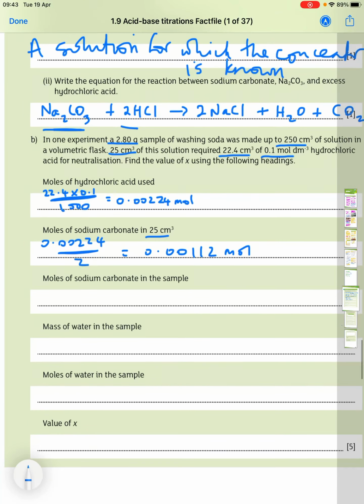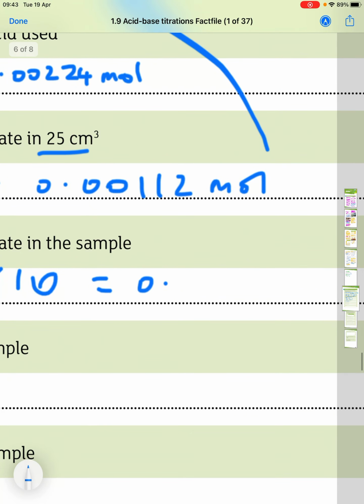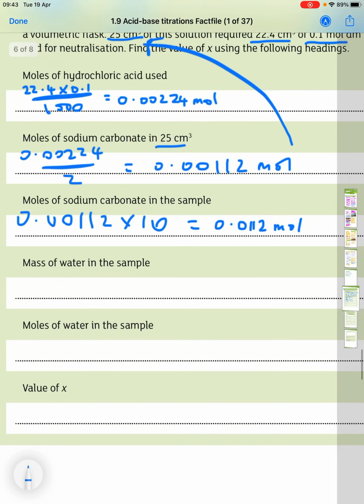So then the moles of sodium carbonate in the sample. Well, the sample was 250 cubic centimetres, and we have found the number of moles in 25. So it's 0.00112 times 10, which is 0.0112 moles.